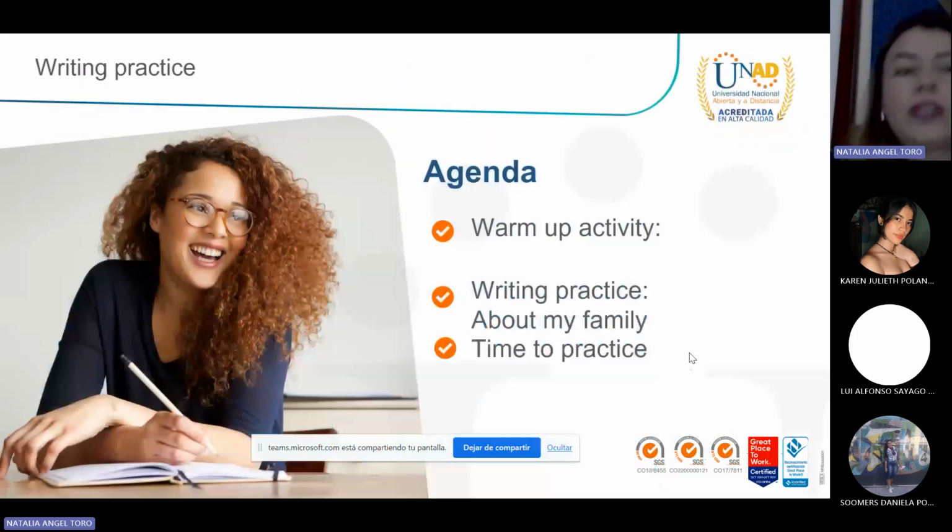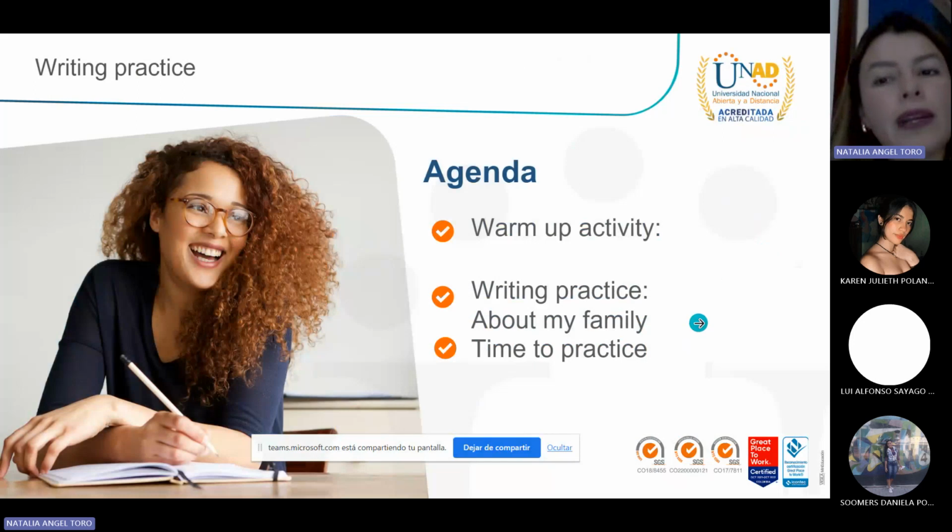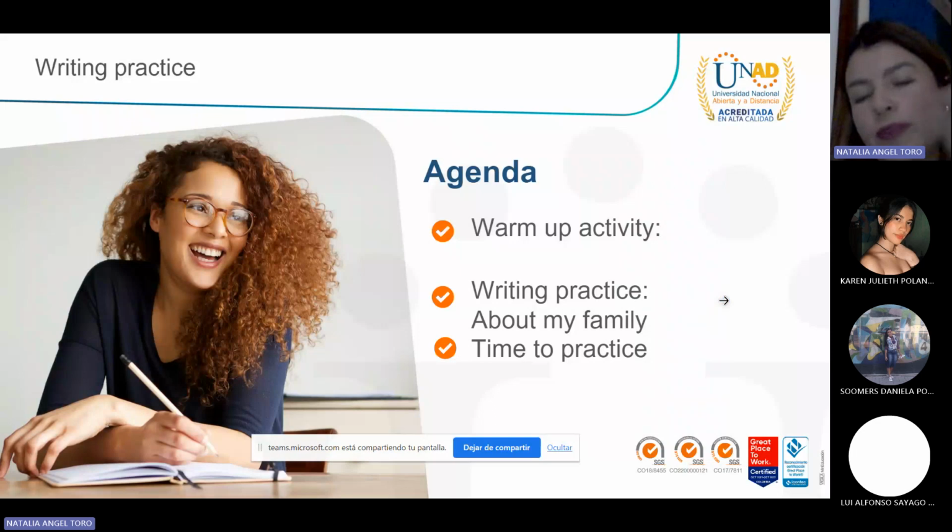So to start, we have here the agenda to orient our class. First of all, we are going to do a warming up activity just to start, just to get deep into the class. The second step is writing, just to talk about family, because this is the topic for the writing session.